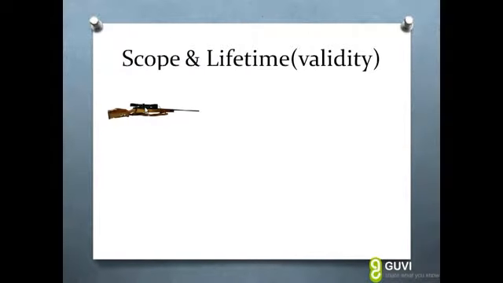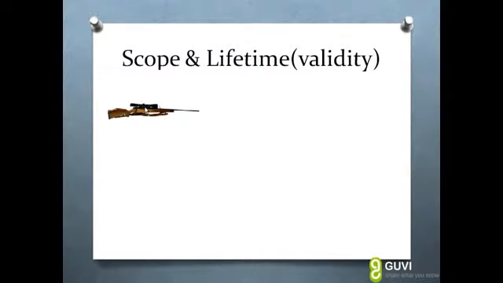So though the scope is there to use it, your lifetime is getting over. The next day, whatever data remains will expire. The same thing applies to variables in programs as well.